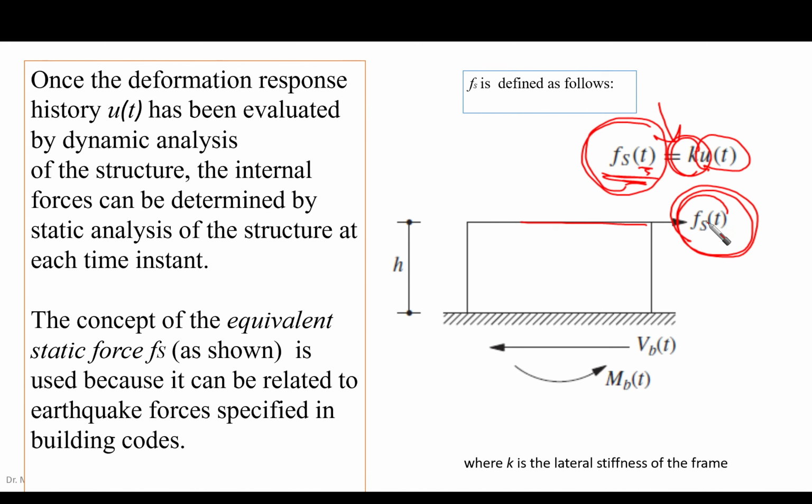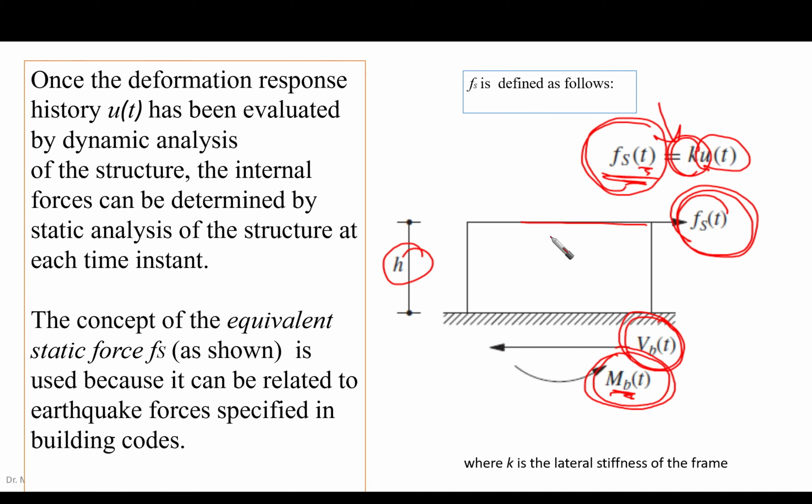Then, knowing this f of s, we can obtain the moment and the base shear that is needed for designing the foundation, and we can know the overturning moment, right? f of s of t times h is going to give us the overturning moment.